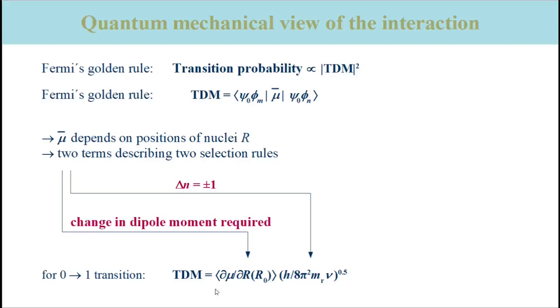The term on the left-hand side has contributions from electrons and nuclei. It is the expectation value of the change of the dipole moment when the oscillation passes through the equilibrium positions of the nuclei, which are here denoted by R0.